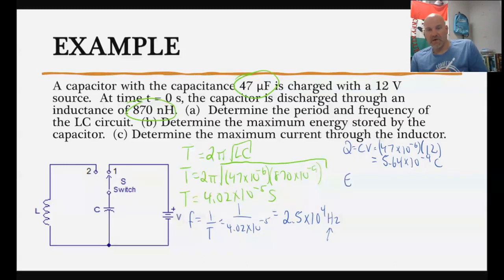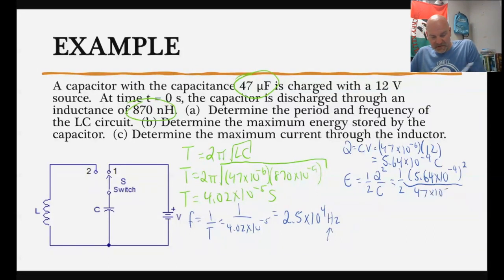And so if we're looking for the maximum energy in the capacitor, that means there's no energy in the inductor. So we're going to say 1/2 Q squared over C. So 1/2 times the number we just calculated, 5.64 times 10 to the negative 4th, squared, over the capacitance, which was 47 times 10 to the negative 6th.